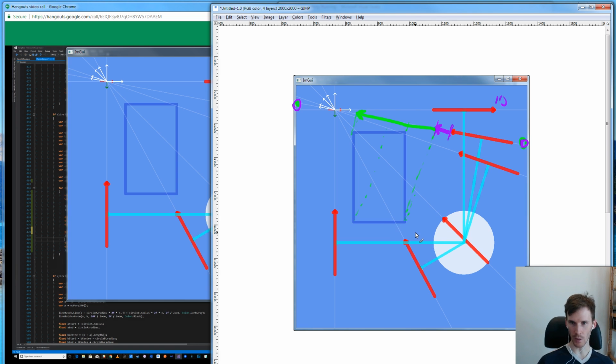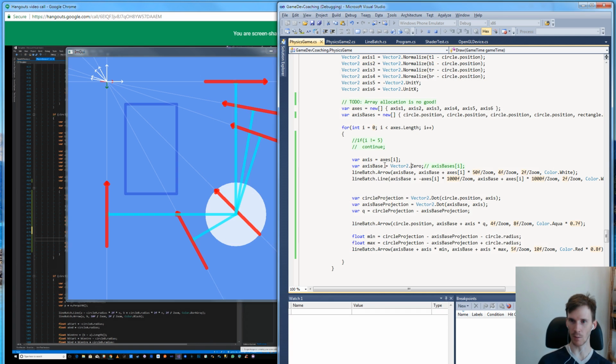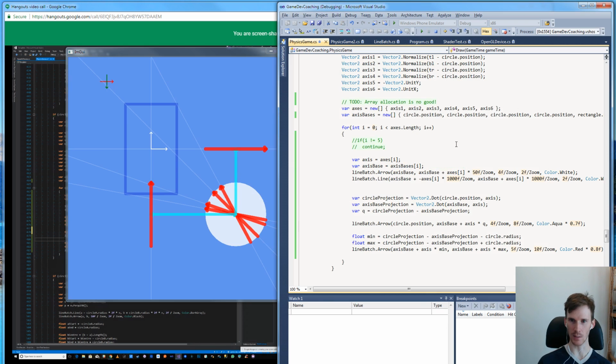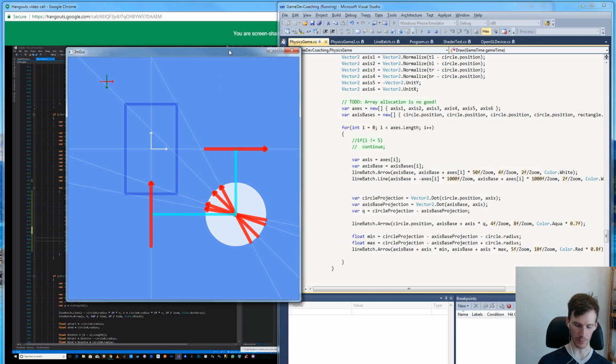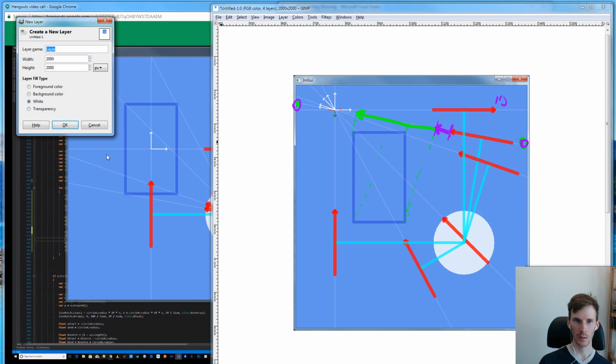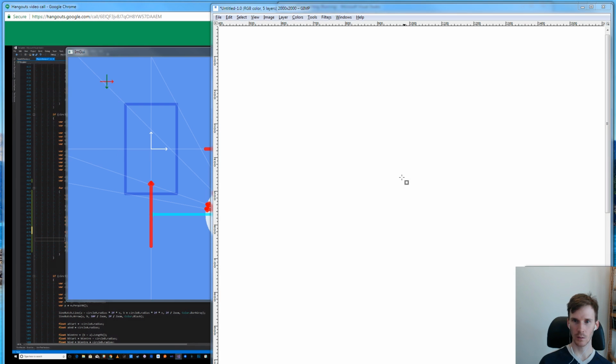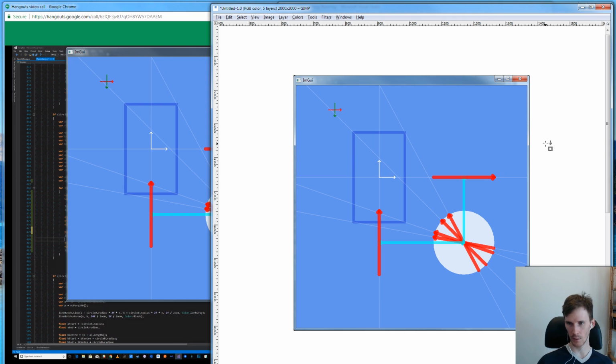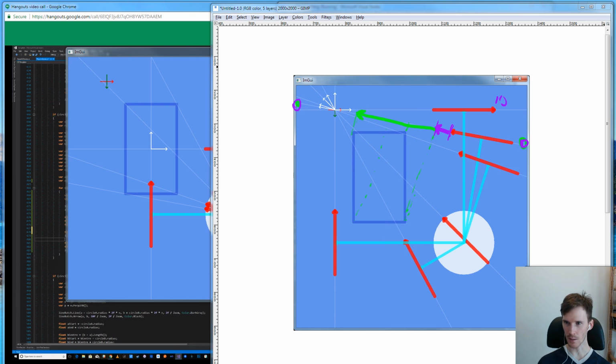But the point I wanted to show you is that the calculation is the same no matter where the base of the axis is. So you can see now I've turned that back to this form, and if I draw that, I can identify that same axis, that's that one.